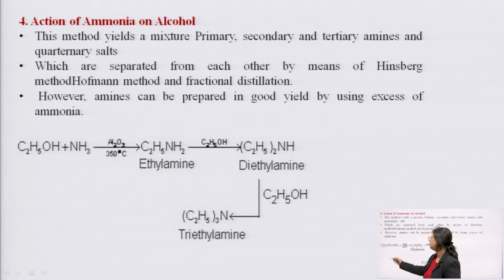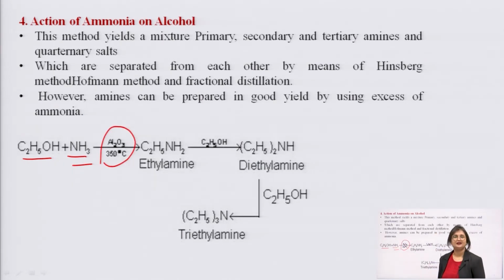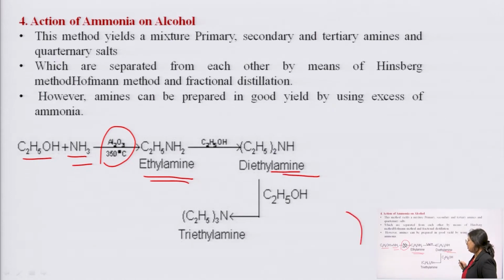For example, alcohol, ethanol, when mixed with ammonia NH3 in the presence of aluminum oxide at a high temperature, that is 350 degrees Celsius, then ethylamine is produced. Further reaction yields diethylamine followed by triethylamine.